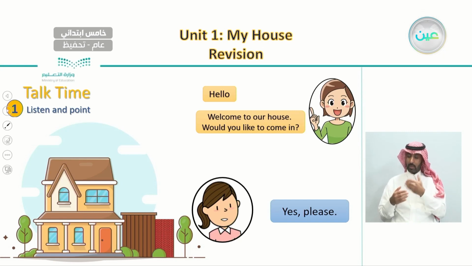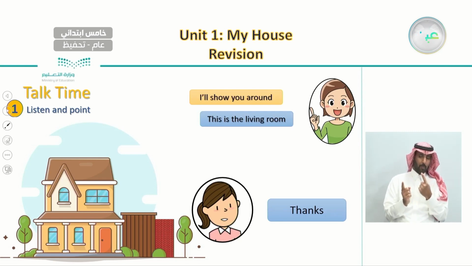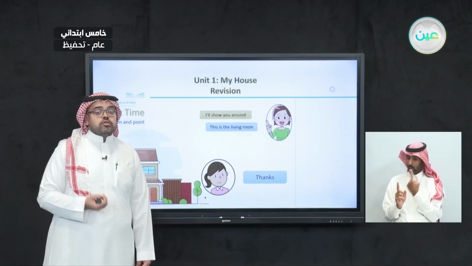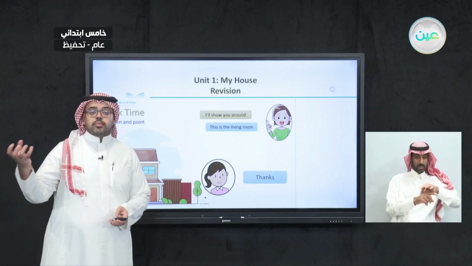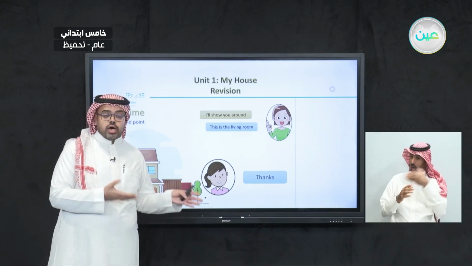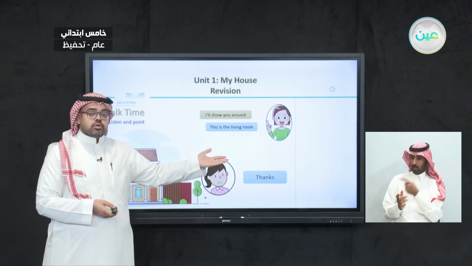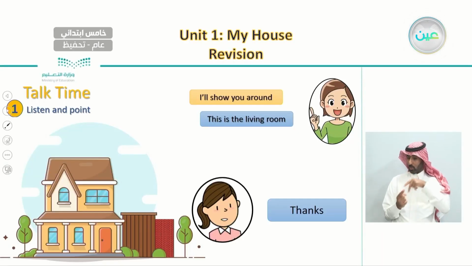And the second part of the conversation is, "I will show you around." So when people come inside your house, you say, "I will show you around," where you go through the different rooms and show the places in your house.